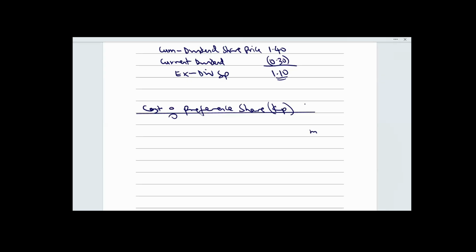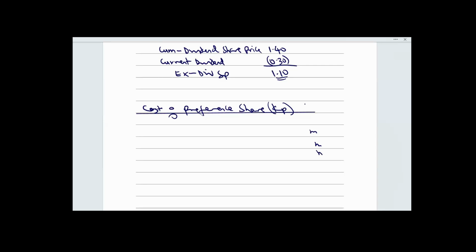For example, when you say cumulative preference share, it means that in the profit or loss account, when a company makes profits, from the profit after tax, you are supposed to pay dividend. First things first, you need to settle the preference shareholders by paying the preference dividend before you pay the ordinary dividend.